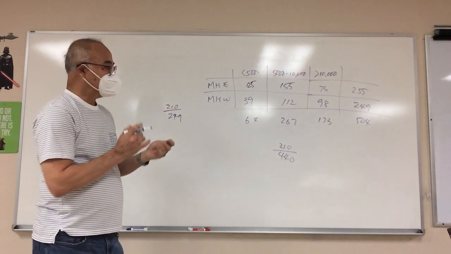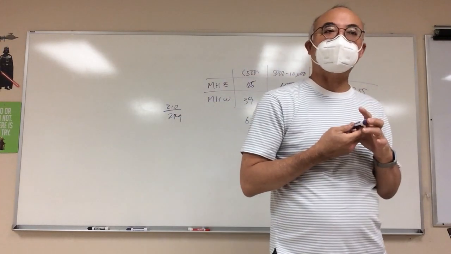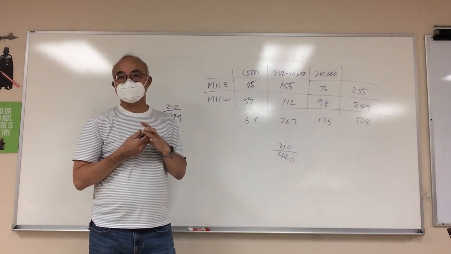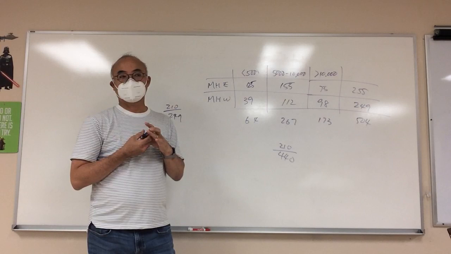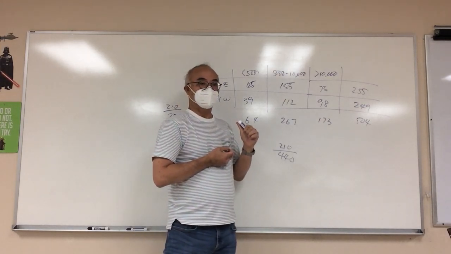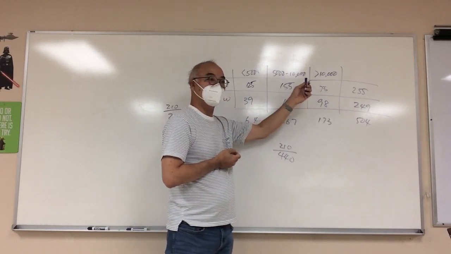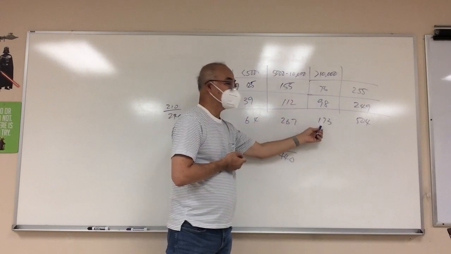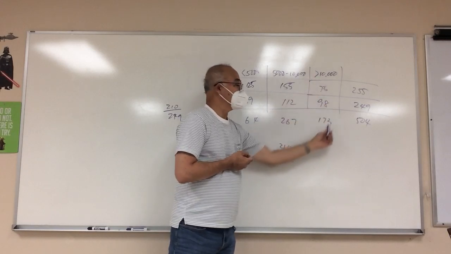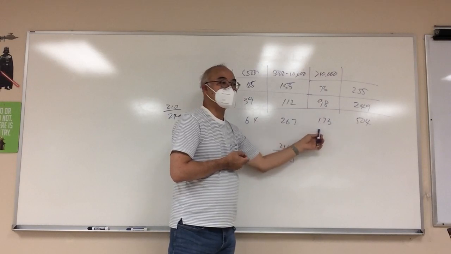Okay? Given that I plan to attend a college that is greater than 10,000, what is the probability that I attend Manhattan East? 75 over 173, right? Given that I am attending this greater than 10,000, so I'm of the 173.